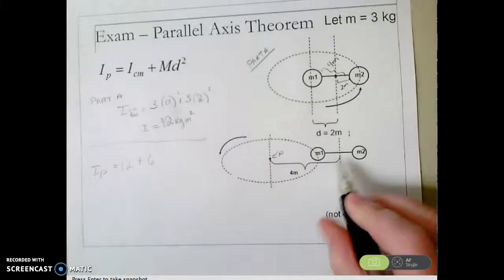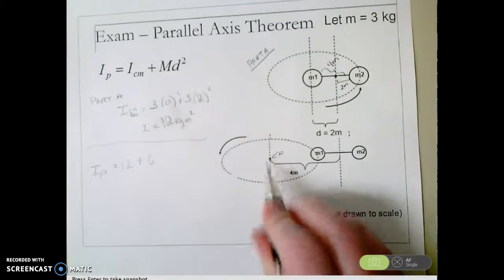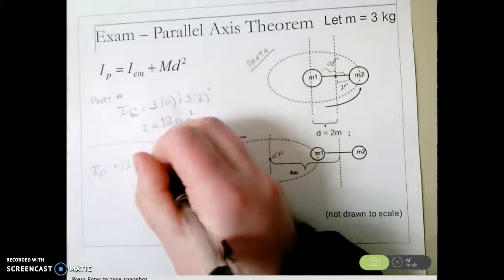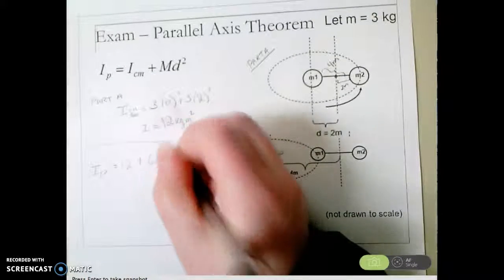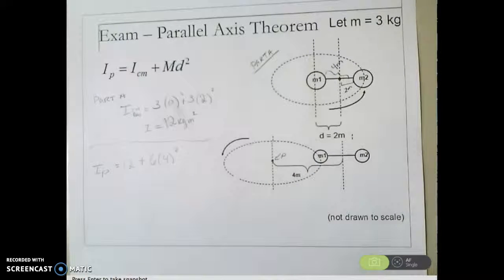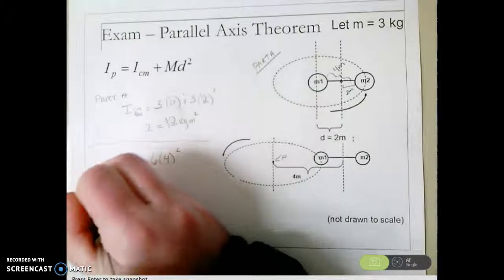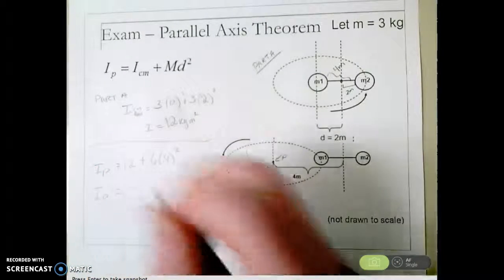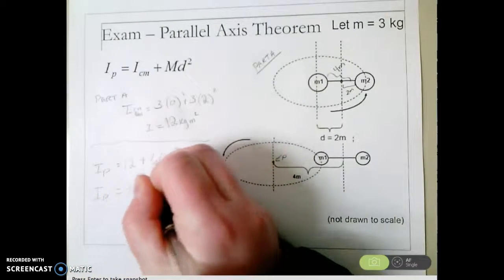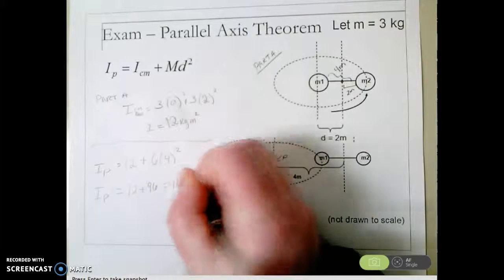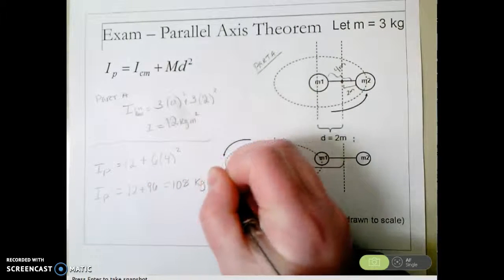The distance from the center of mass to the new point of rotation is 4, so we use 4 squared. 4 times 4 is 16, times 6, our total mass, gives us 96. So now our moment of inertia around this new point is 12 plus 96, or 108 kilogram meters squared.